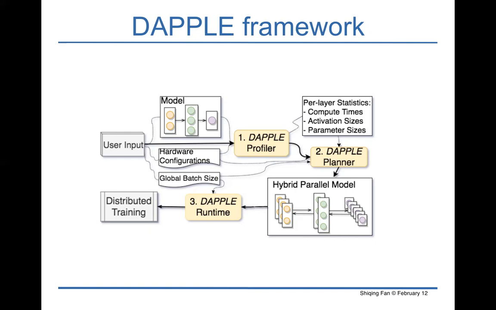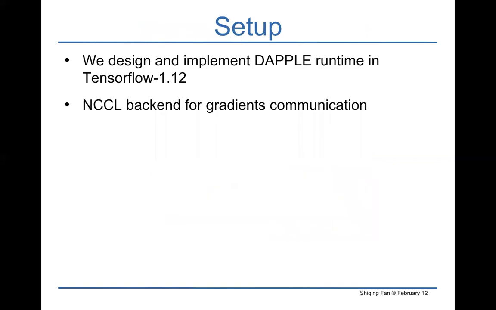Finally, our DAPPLE runtime takes the planner's results and transforms the original model graph into a pipeline parallel graph. At this stage, the global batch size is further split into multiple micro-batches and then scheduled for execution by the DAPPLE runtime.